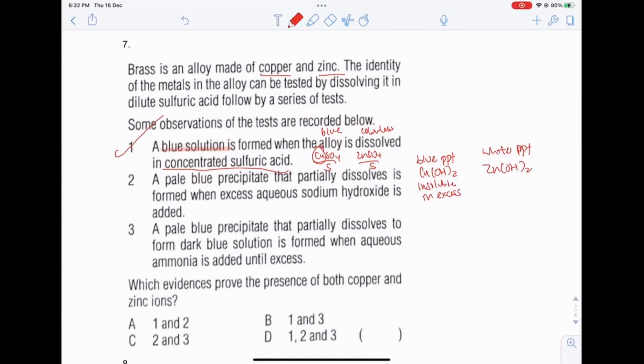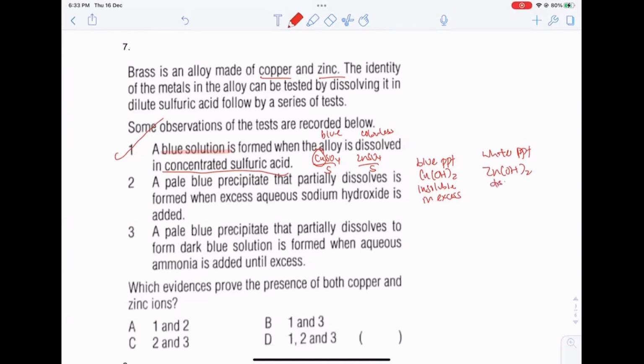And then zinc, because zinc is part of ZEP, so therefore it is soluble in excess. It will dissolve in excess to form colorless solution.